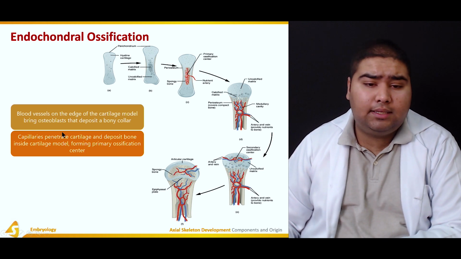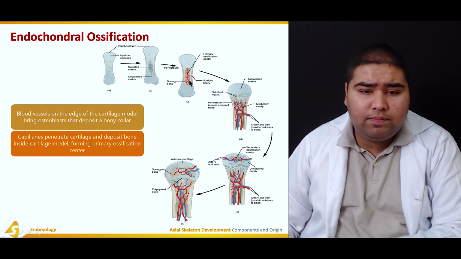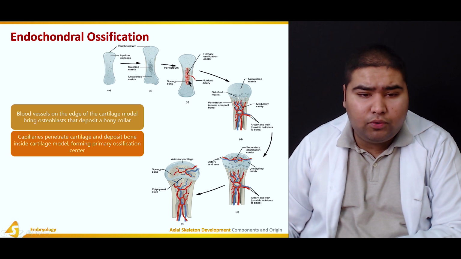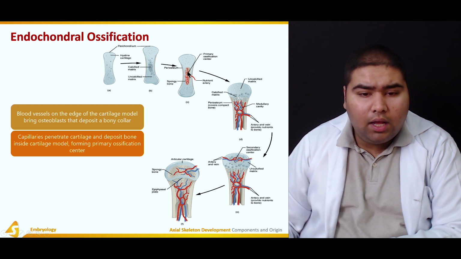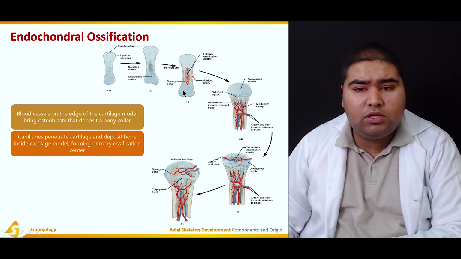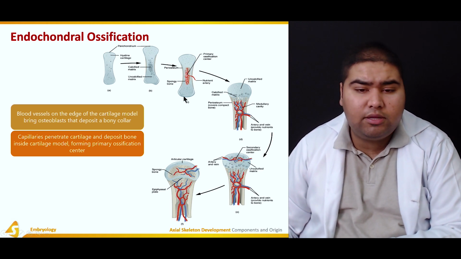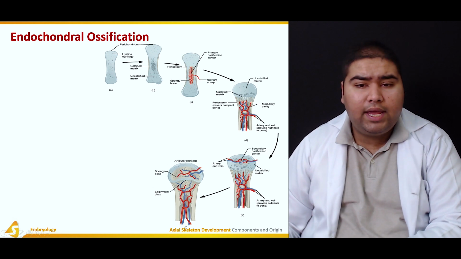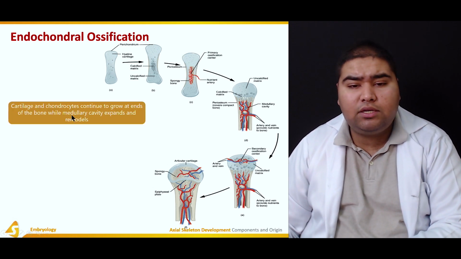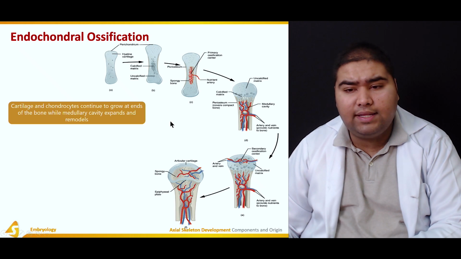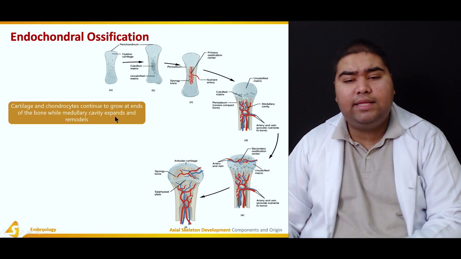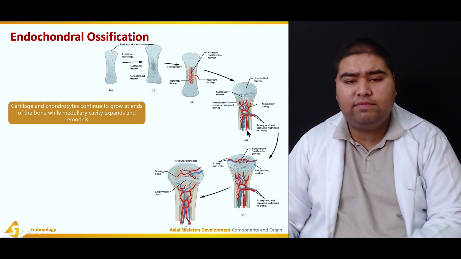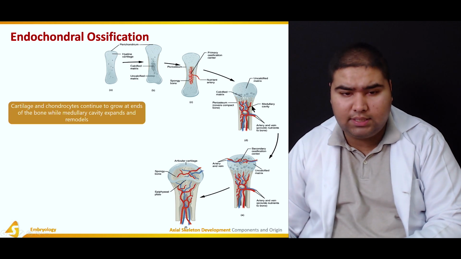In the next step, the capillaries tend to penetrate the cartilage and deposit bone inside the cartilage model. This is the cartilage model. Spongy bone is being formed within, forming the primary ossification center. In the next step, the cartilage and chondrocytes continue to grow at the ends, while the medullary cavity expands and remodels.